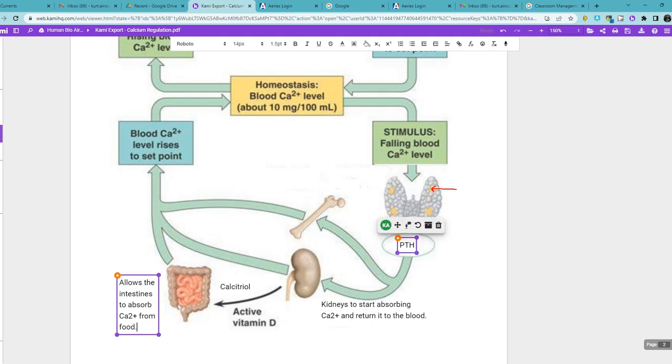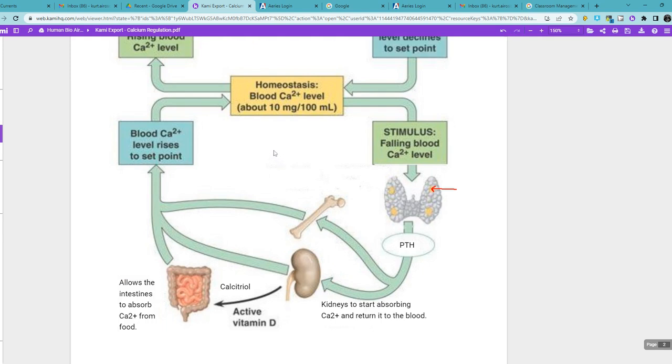And also this parathyroid hormone is going to stimulate a different type of bone cell, this time not the osteoblasts, but the osteoclasts. Since calcium in the body and the blood is low, now we want to use some of this stored calcium in our reservoirs, our bones, and release it back into the blood. That's going to be done by osteoclasts.